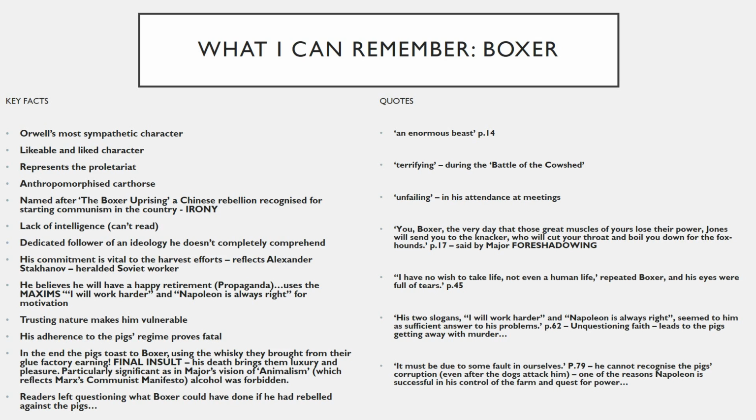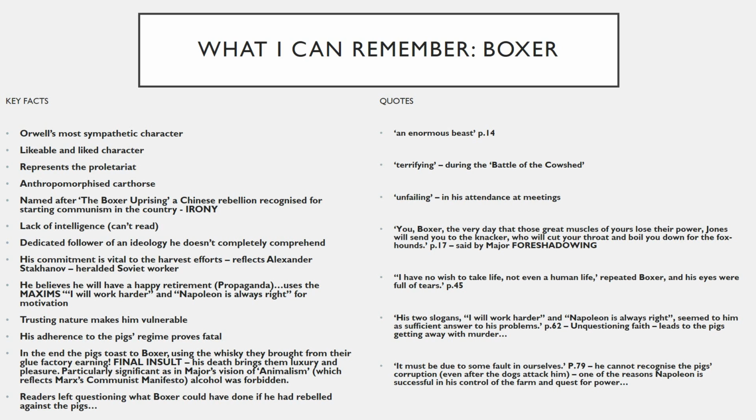His hard work and his brute force is vital to the harvest efforts. And people have drawn a comparison here with Alexander Stakhanov, who was a heralded Soviet worker. So again, it's bringing across that idea that Orwell wanted us to consider the Russian Revolution through his animal fable.